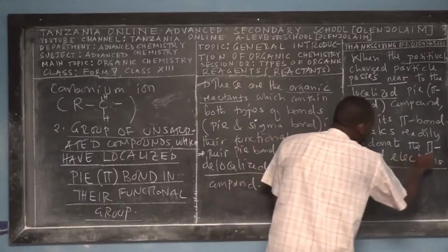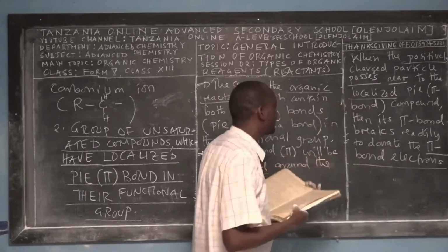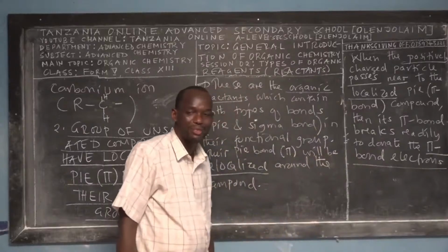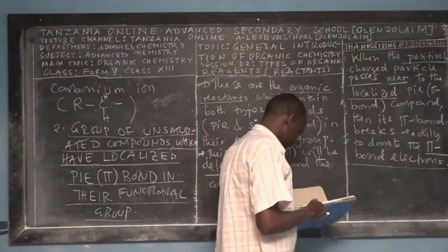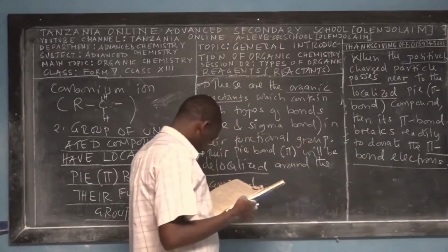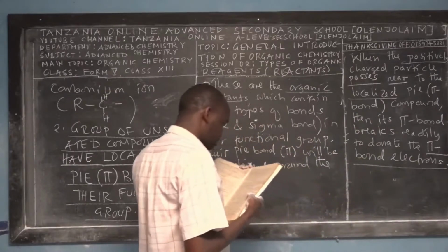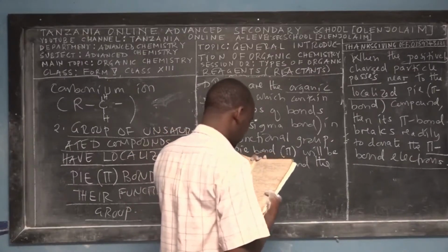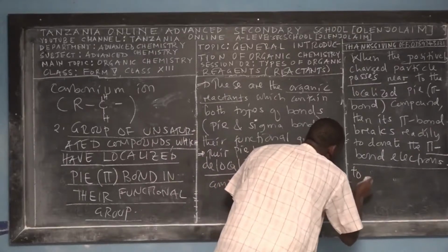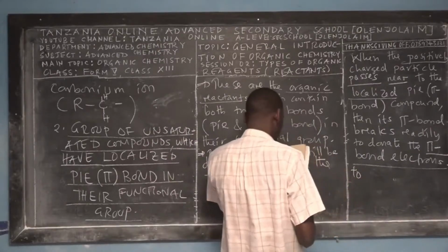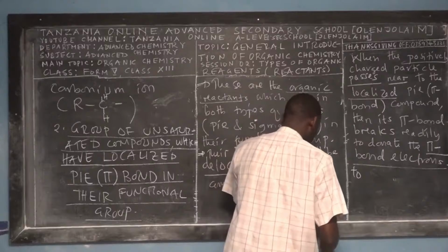So we don't have only core electrons or valence electrons, we also have pi bond electrons. That is good news. It releases and donates pi bond electrons to the electron lover, to the electrophile.